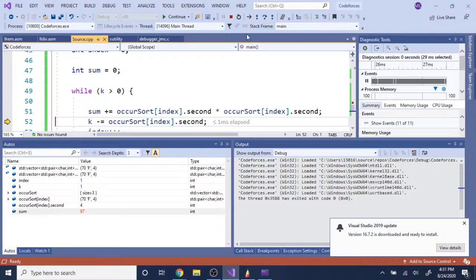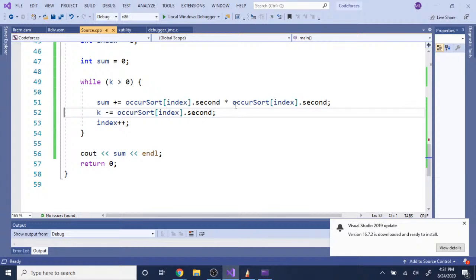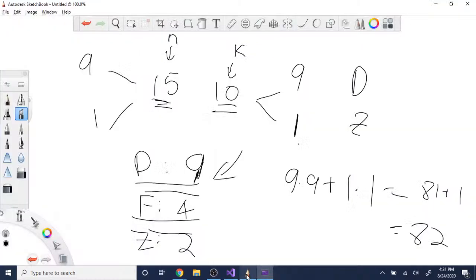Here minus k. So what our code is doing right now is that it's taking 9, minusing by 10, and that gives us 1. And it was 9 times 9, which gives us 81.